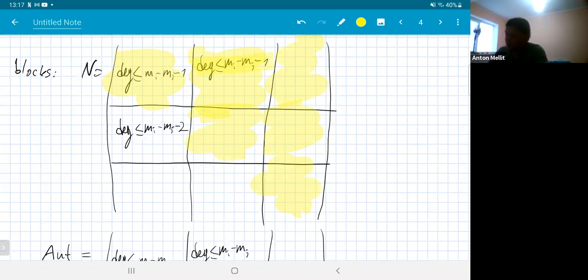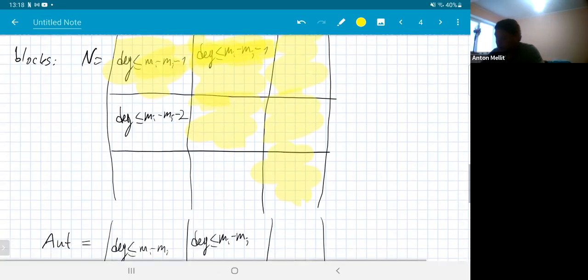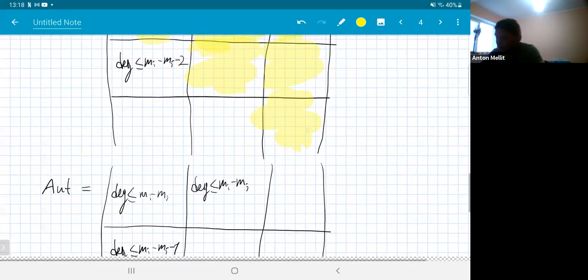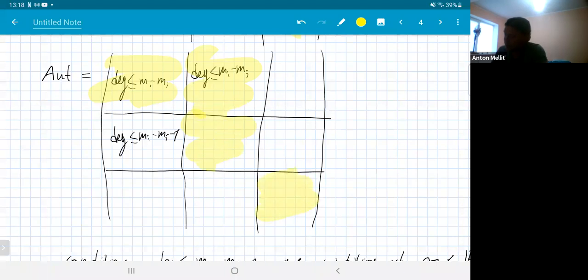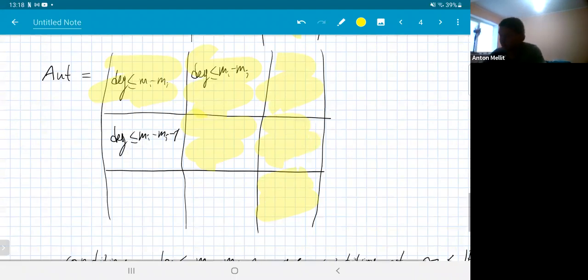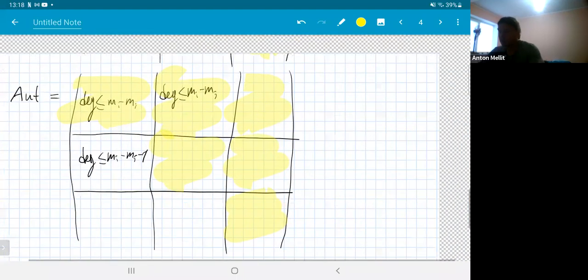So you see that here the degree is at most -1, but there it is -2 below the diagonal. The same kind of idea holds for Aut, but we don't have the -1 there. So over the diagonal we have an inequality with mi minus mj, and under the diagonal you have this one-stronger inequality. And that's the formula for the Macdonald polynomials.